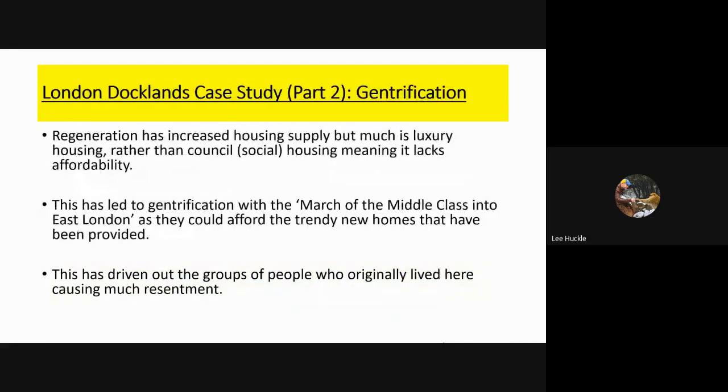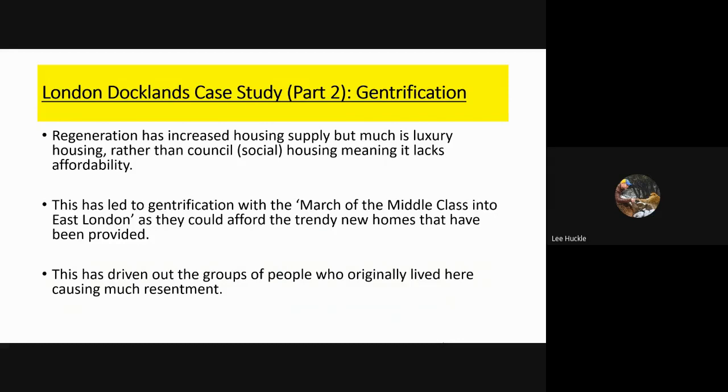Moving on, in gentrification, this is like the London Docklands case study again, but part two. So you'd have been adding to it, where you'd have looked at the regeneration, the increase in housing supply, but a particular type of housing that was being built, luxury housing, rather than your social housing, and that impacted on affordability.